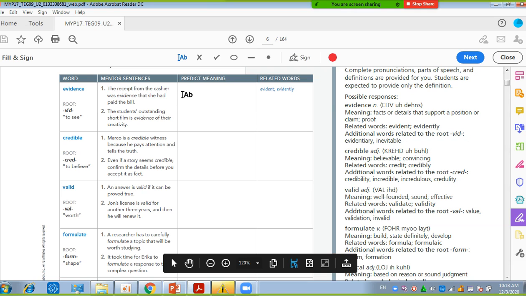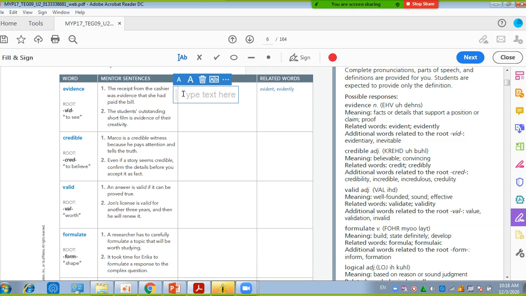In the first example, the receipt from the cashier was evidence that she had paid the bill. The second example, the students' outstanding short film is evidence of their creativity. So from the first example, you have a receipt that you get after paying, and this receipt is evidence that you have paid the bill.